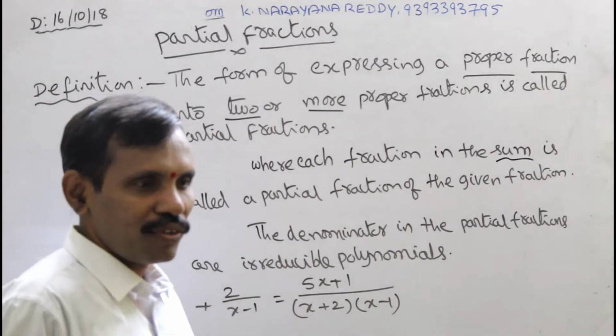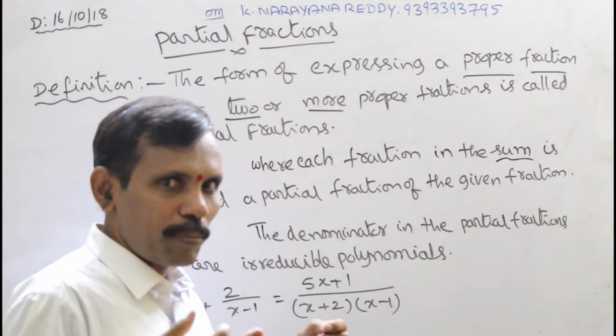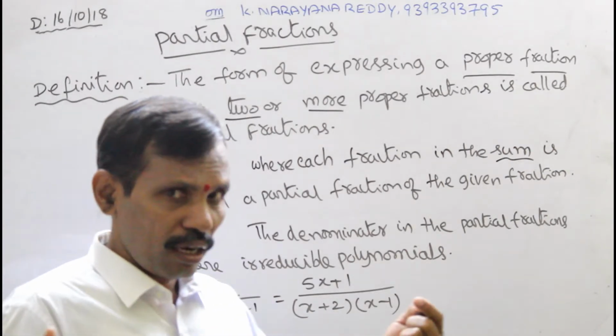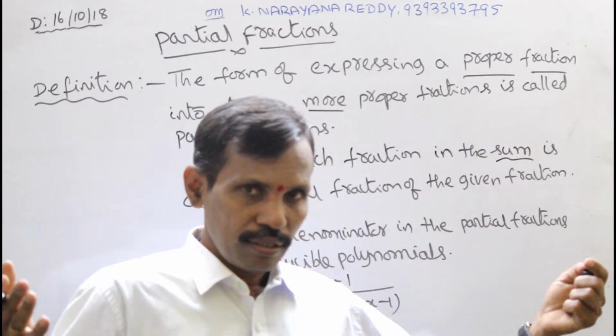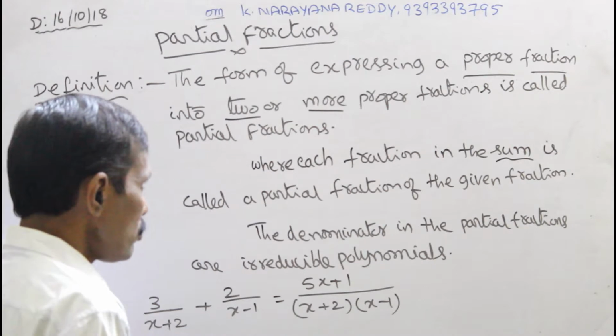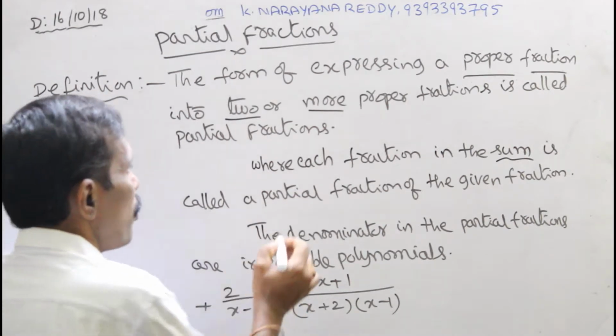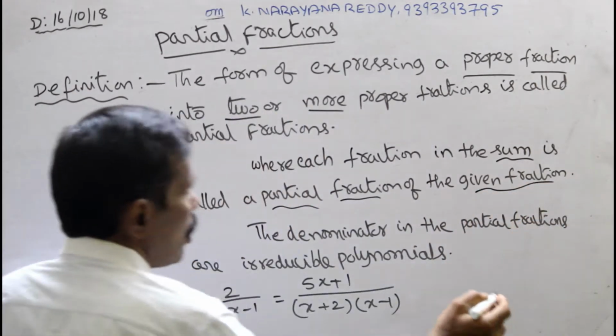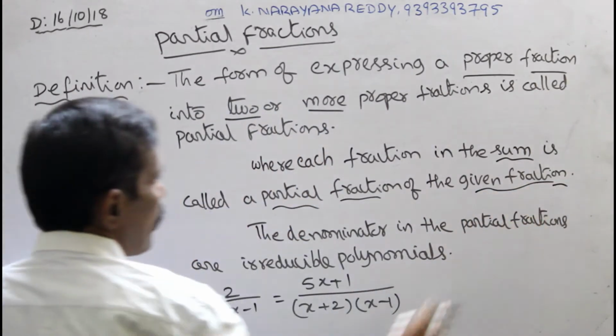You are dividing the proper fraction into two or more fractions, two, three or four, or even ten. Don't worry about that. In the sum it is called a partial fraction of the given fraction.